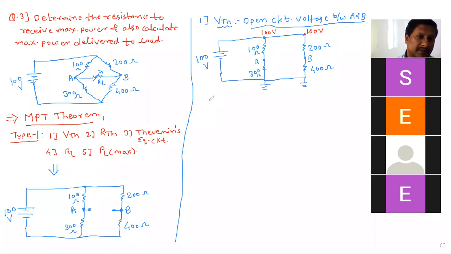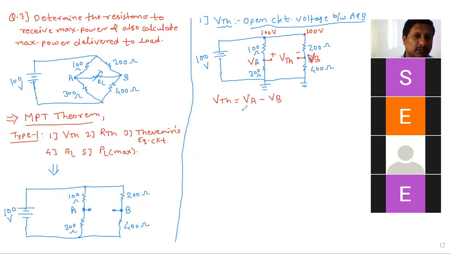Now if I separate it, you will understand. So between A and B, we have to find out the voltage. That voltage is plus minus VTH. So I will write VTH is equal to, the voltage here I take as VA and the voltage here I take as VB. VA minus VB, the difference of the two, that is VTH. VA minus VB.